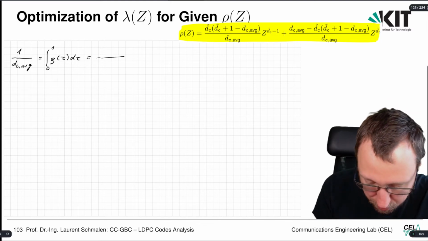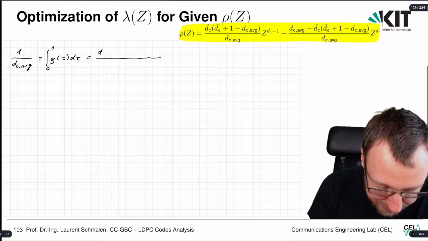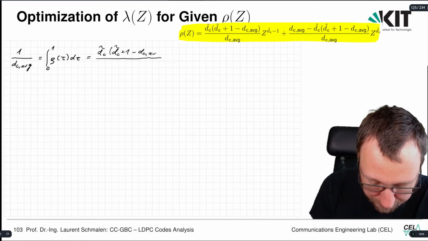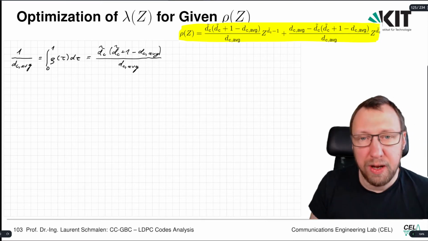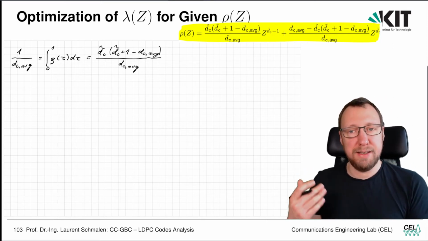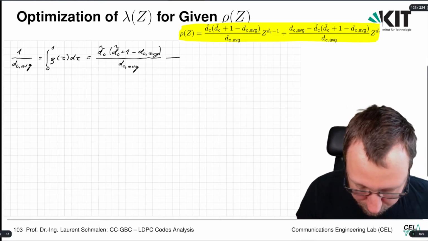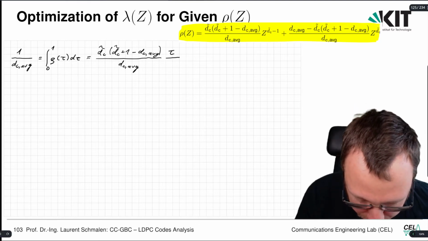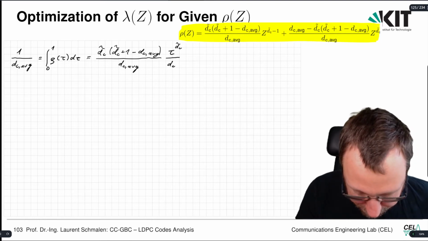So first we have this constant, so we have DC tilde times DC tilde plus 1 minus DC average divided by DC average. Now we need to integrate tau to the power DC tilde minus 1. That's equal to tau to the power DC tilde divided by DC tilde.